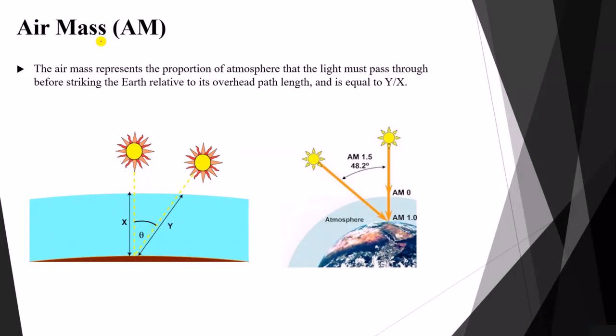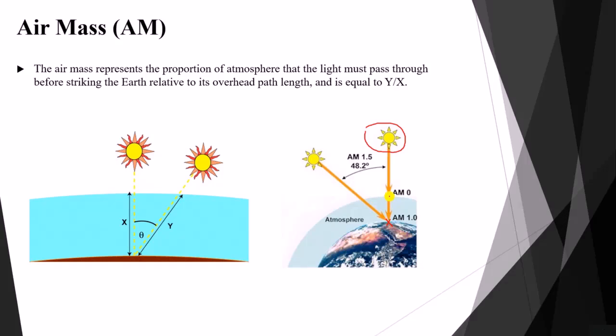Now what does this even mean? As you can see here, we have our atmosphere here, the earth's atmosphere. Now you can see we have this, for example, is our location here. Now this is our sun.